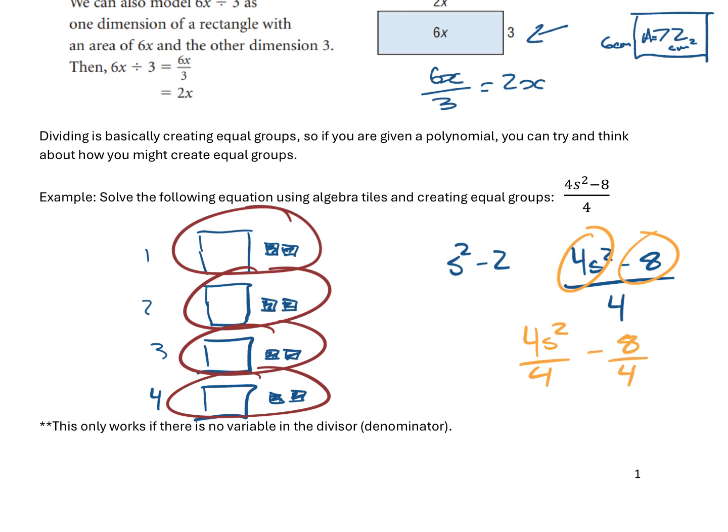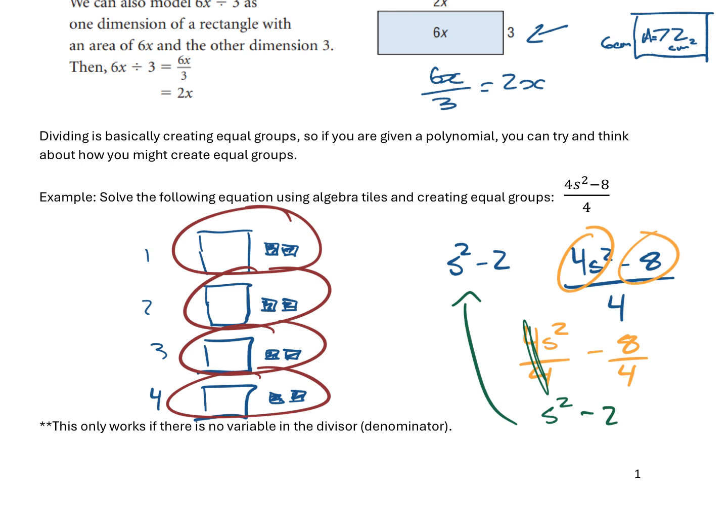Well, what happens? We know that these two cancel out, or actually we know that they equal 1. So then I'm left with s squared, and 8 divided by 4 leaves me with 2. So if I'm doing that numerically, I now have the same thing.